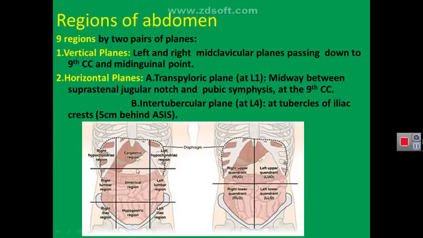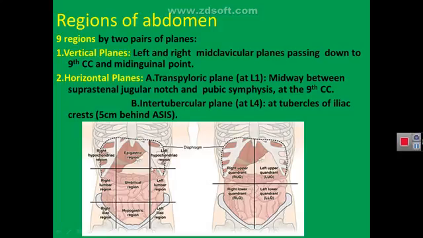Sometimes we use the subcostal plane, which is at the level of the 10th rib, the lowest point of the ribs. Some textbooks use the transpyloric, others the subcostal plane. The subcostal is at L3, but it could also be used to divide the abdomen into 9 regions in some textbooks.